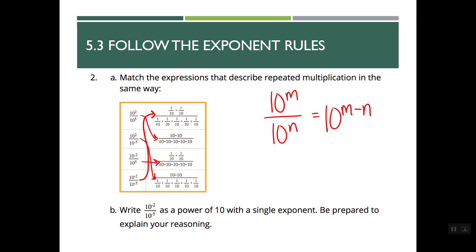And I'm going to show you the quick way and then how that works the long way. So if I have negative 2 and I subtract negative 5, remember it's m minus n, so it's negative 2 minus negative 5. That becomes adding the opposite. Negative 2 plus 5 is negative 3, so we would get 10 to the negative third power.